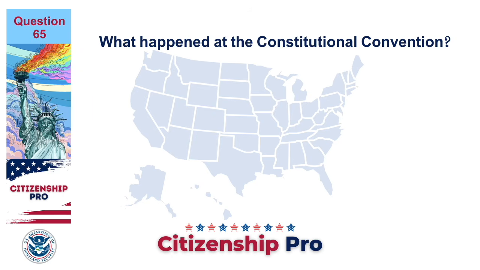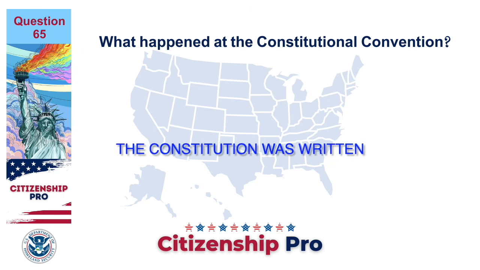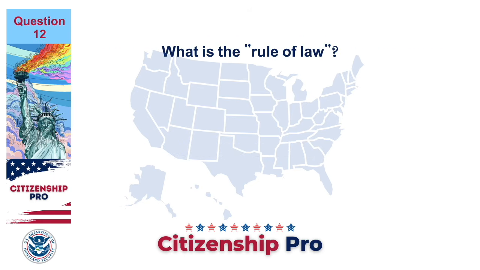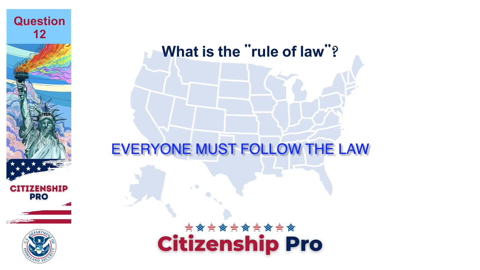What happened at the Constitutional Convention? The Constitution was written. What is the rule of law? Everyone must follow the law.